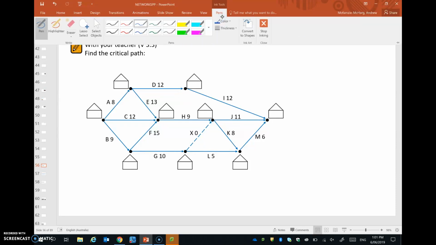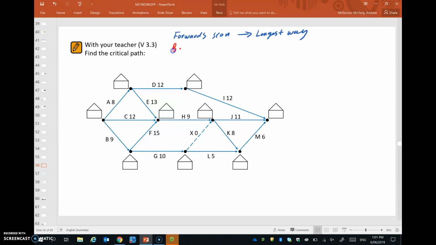Then, once we've done that, we complete the backward scan, coming back that way. So the forward scan is from left to right, from start to finish. The backward scan is in the opposite direction. And we're trying to find the shortest way when we do that.